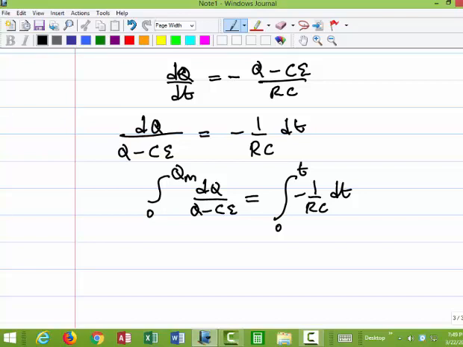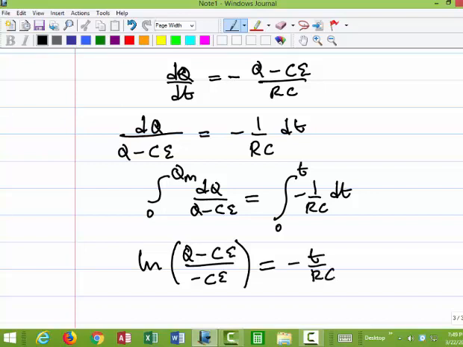There's a formula that you can use to do this. I'll just quote the result for you. So when you do this integral, you should end up with the natural log of Q minus CE divided by minus CE, and that should be equal to minus T over RC. This integral on the right is pretty straightforward. You are just integrating over T, since R and C are not variables. So this is your basic result.